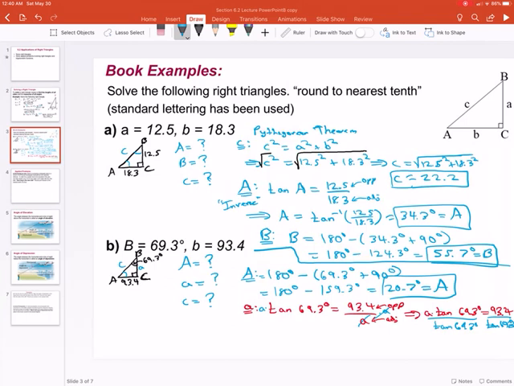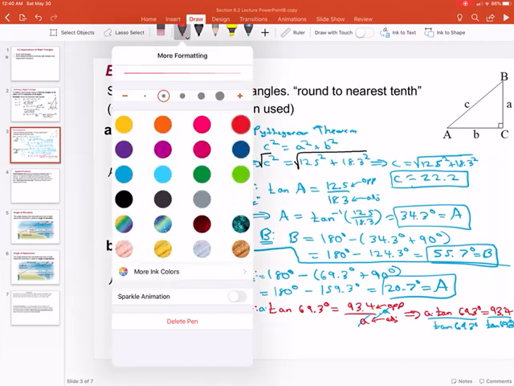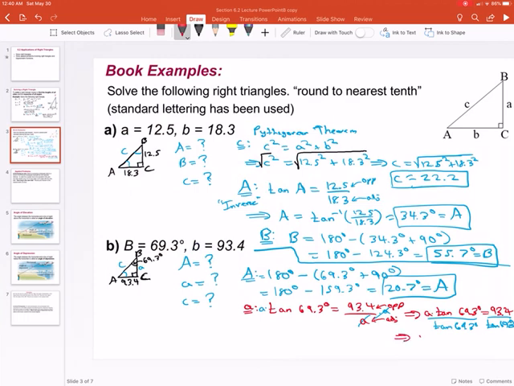So A equals 93.4 divided by the tangent of 69.3 degrees.